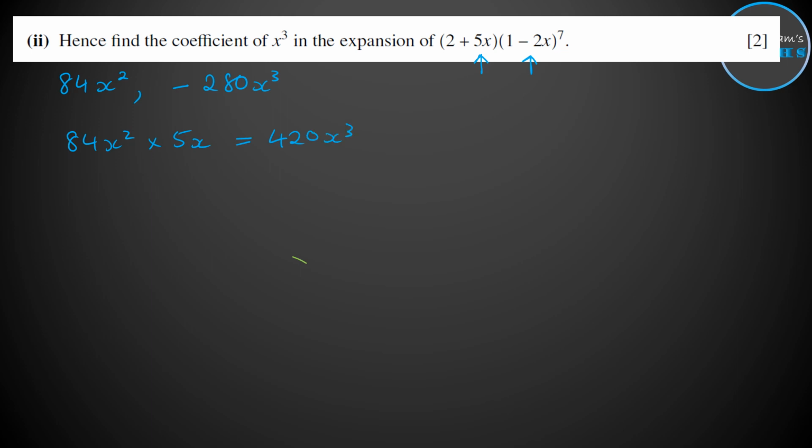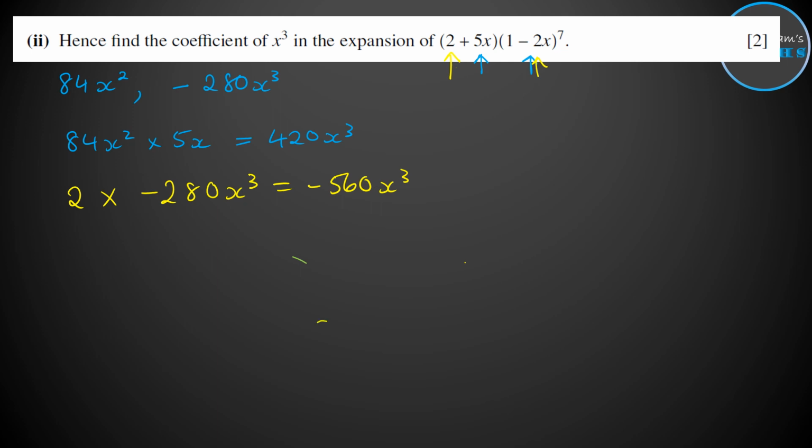Then if we do a similar thing, but we're taking the constant from this bracket, the 2, multiplied by the x cubed part of the expansion, so times it by the minus 280x cubed, that will also give us an x cubed term. And that'll be minus 560x cubed.